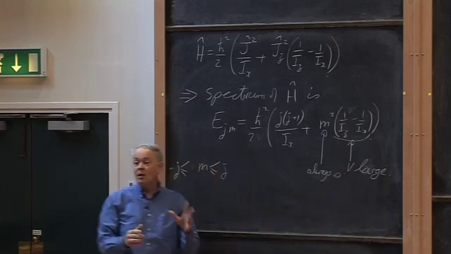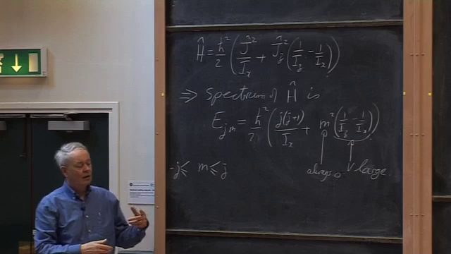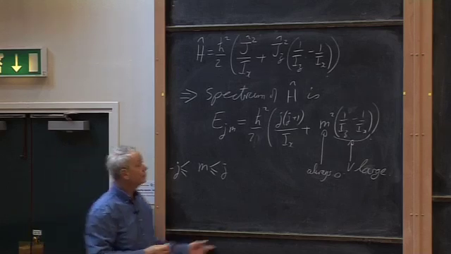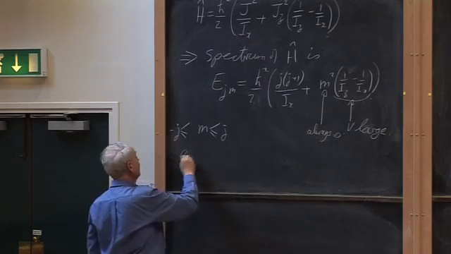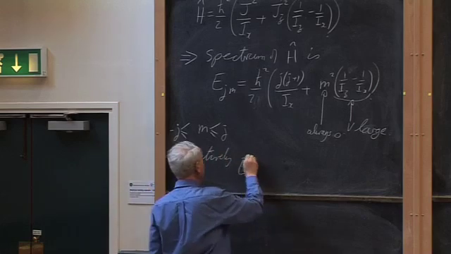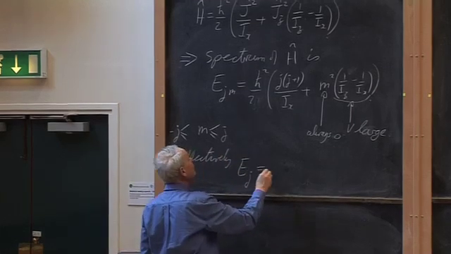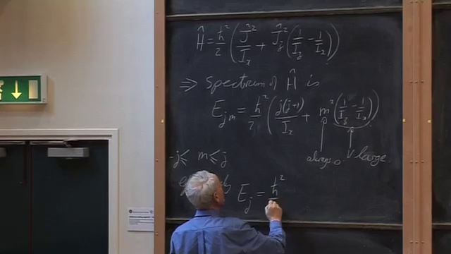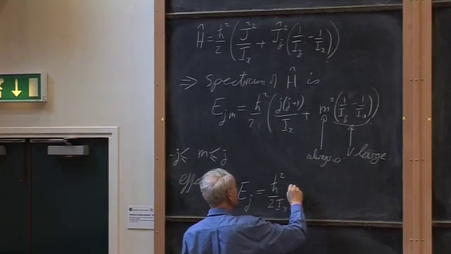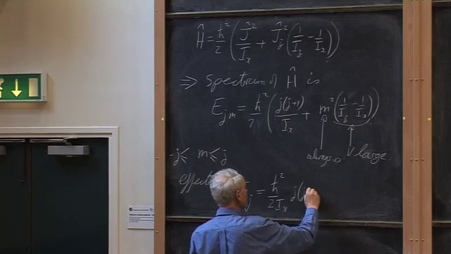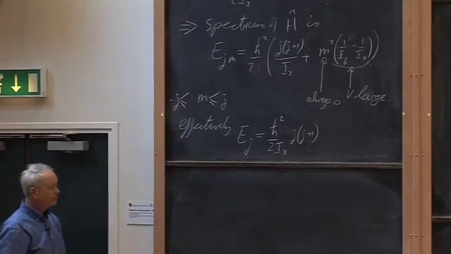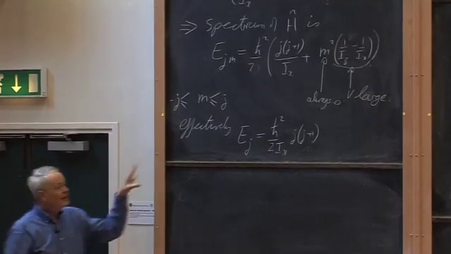That's just saying that these molecules have their angular momentum around an axis which is perpendicular to their symmetry axis. So effectively the energy levels are simply E_j equals h bar squared over 2 Ix times j(j+1). So those are the energy levels.